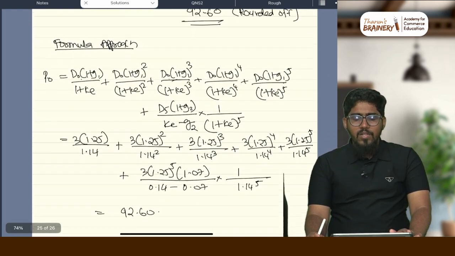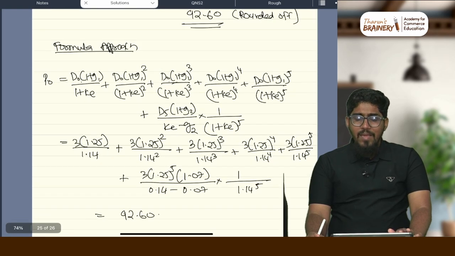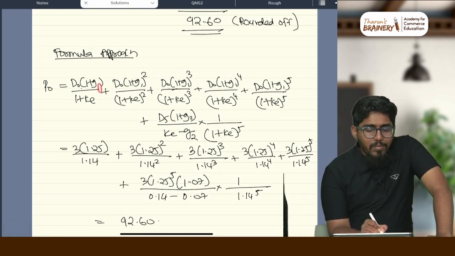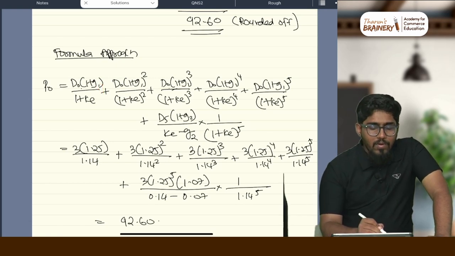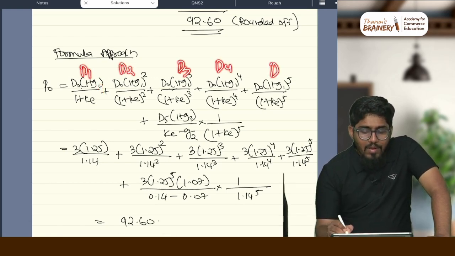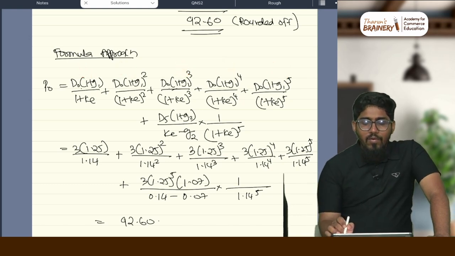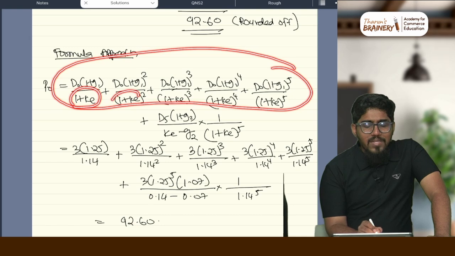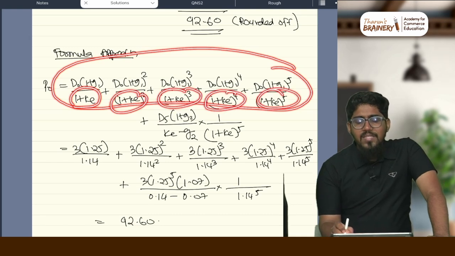There is also something called the formula approach, sir. Same thing only. D0 into 1 plus G divided by 1 plus G1, where G1 means supernormal growth. So D1, D2, D3, D4 and D5, all the 5 years doing the discounting, divided by 1 plus K, 1 plus K square, 1 plus K cube, 1 plus K4, 1 plus K5.